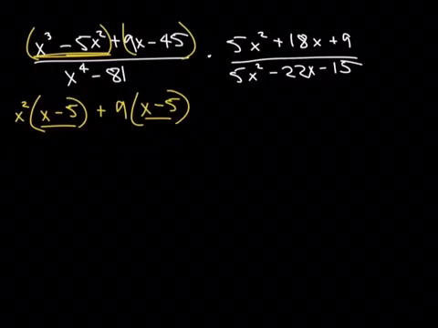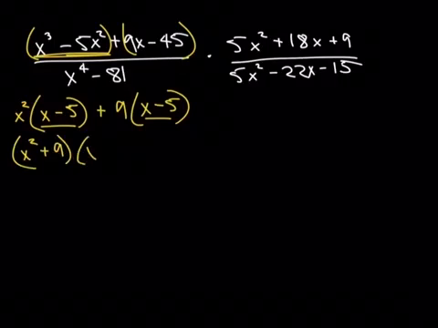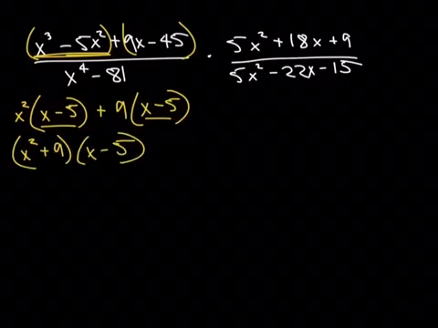And we can write this as x squared plus 9 and then x minus 5. Normally you can do the difference of two squares here and get x plus 3, x minus 3, but that has to be a minus in order to do that. Since it's a plus, we are done. That is this simplified.